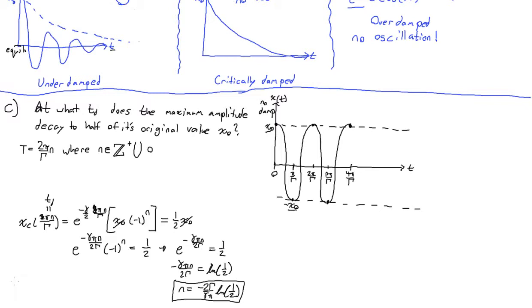So our time t sub d is going to be equal to pi over big gamma times minus 2 big gamma over little gamma pi natural log of 1/2. And so then, let me move down.